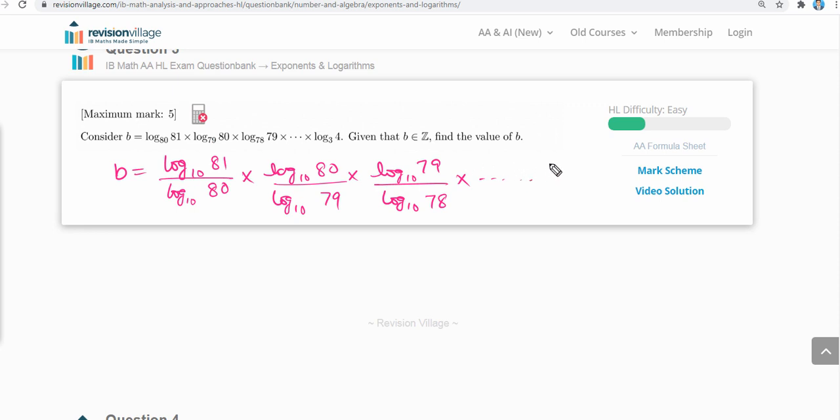Then we will have at the end log 10 of 4 divided by log 10 of 3.